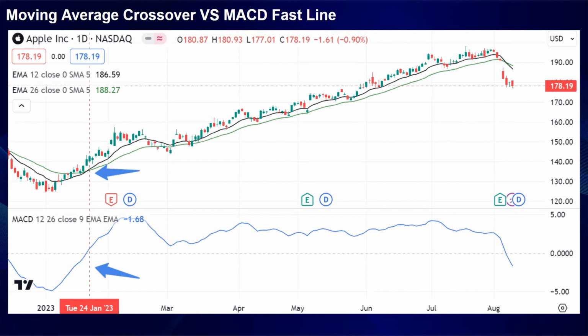On the 24th of January 2023, there is a moving average crossover, which is also when the fast line becomes positive. At this point in time, those who trade based on moving average crossovers will make an entry, but MACD will give you more insights.